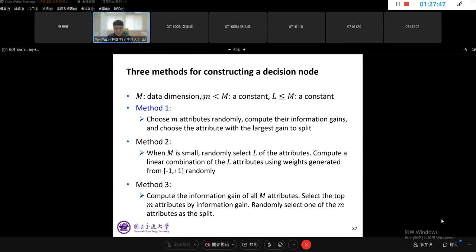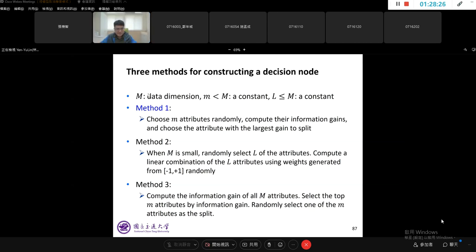Here, let's consider another notation, lowercase m. Lowercase m is less than capital M, so it is a constant. We also consider another constant, L. The value of L is less than M. Okay, so let's consider the first method used to implement the second source of randomness in random forest. How to generate the randomness from data dimension.